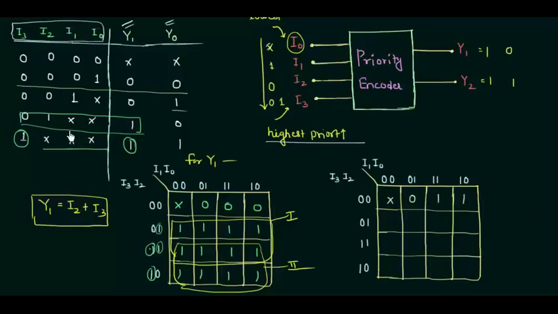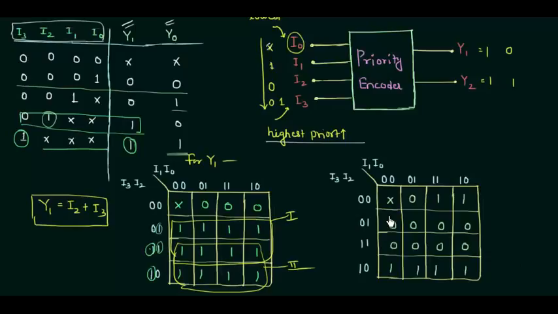And when I2 is 1, for these two rows the value of Y0 is 0, so 0 0 0, and again 0 for this row, and for the last case when I3 is 1, the output is 1. So I will put 1 1 1 1.